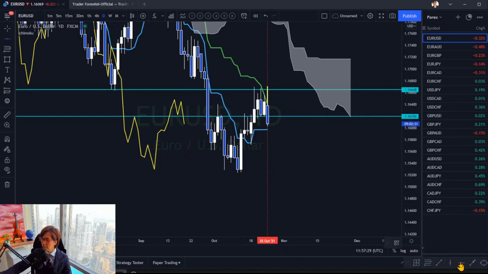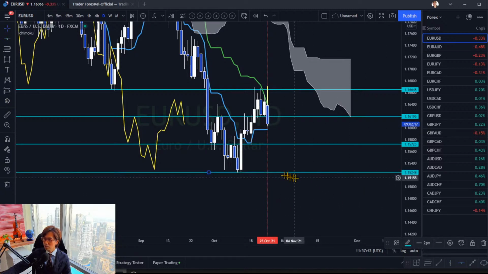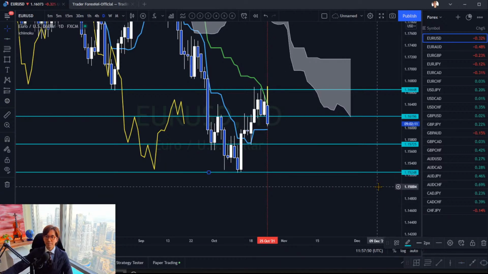The daily previous support was happening here at 1.1572. So that will be an initial target, and the ultimate target will be the swing low, which was the 1.1524 level. So these are the targets if you sell in this particular market.